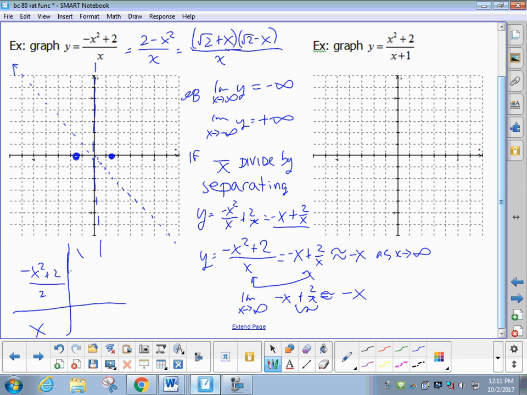At x equals negative 10, we got positive 9.8, and the line y equals negative x would obviously be 10. Now let's try negative 100. Way over there. What's negative 100 squared?